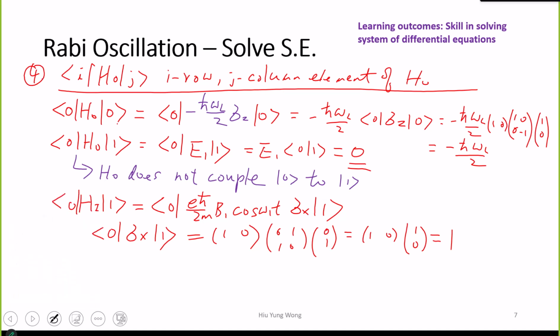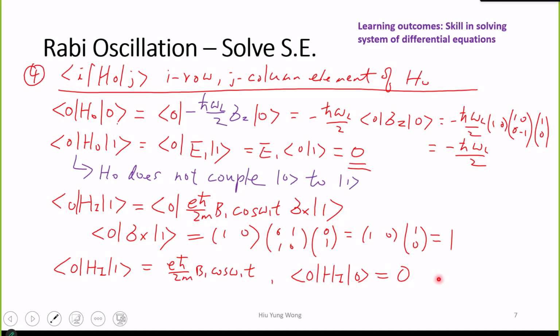So because of this, we have ⟨0|Hi|1⟩ equals to eħ divided by 2m B1 cosine ω1t. And similarly, ⟨0|Hi|0⟩ gives us 0, because while it couples |1⟩ to |0⟩, it doesn't couple itself in that sense.